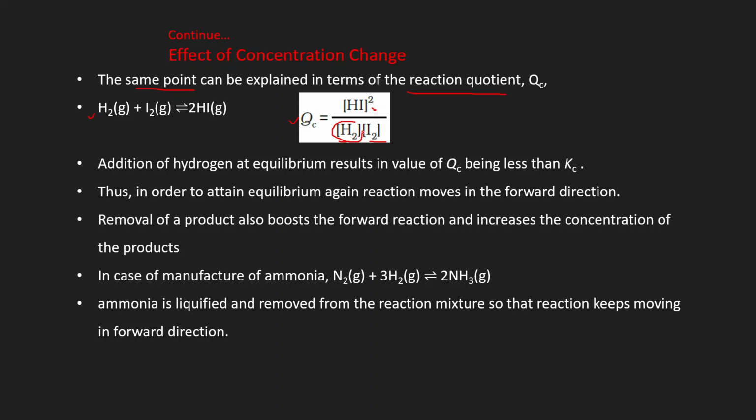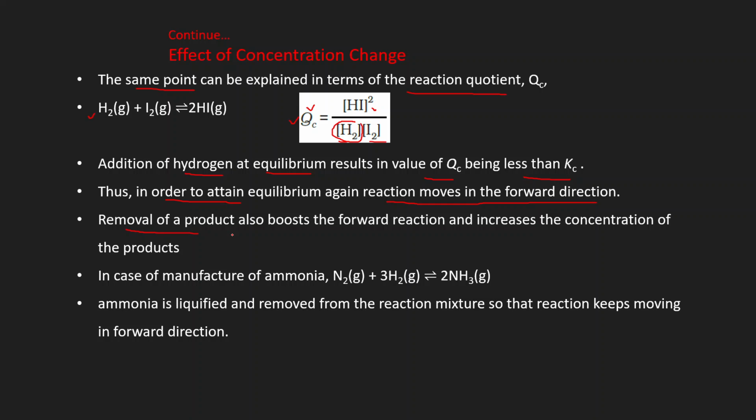As soon as we increase the concentration of H2, the magnitude of Qc will decrease. Addition of hydrogen at equilibrium results in the value of Qc being less than Kc. And in the previous videos we have discussed, when Qc is smaller than Kc, the reaction will go in the forward direction. Thus, in order to attain equilibrium, again the reaction moves in the forward direction.